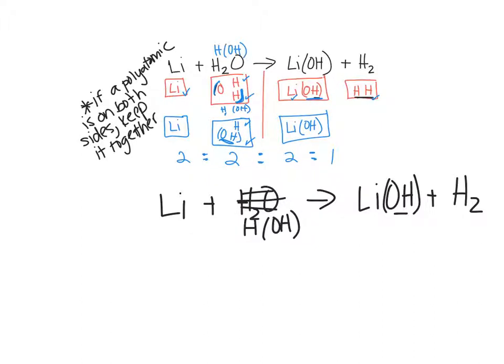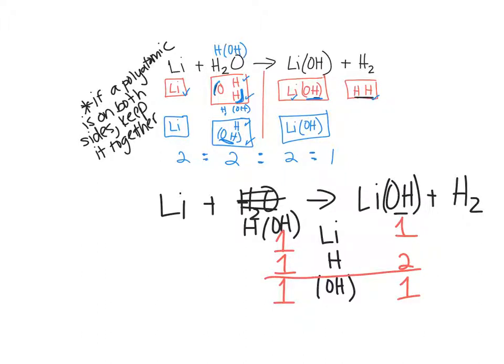Now looking at this, I'm going to list out my characters: lithium, hydrogen, hydroxide. I'm going to count up on both sides. On my left-hand side, I have 1 lithium, 1 hydrogen, and 1 hydroxide. On the right-hand side, I have 1 lithium, 2 hydrogens, and 1 hydroxide.